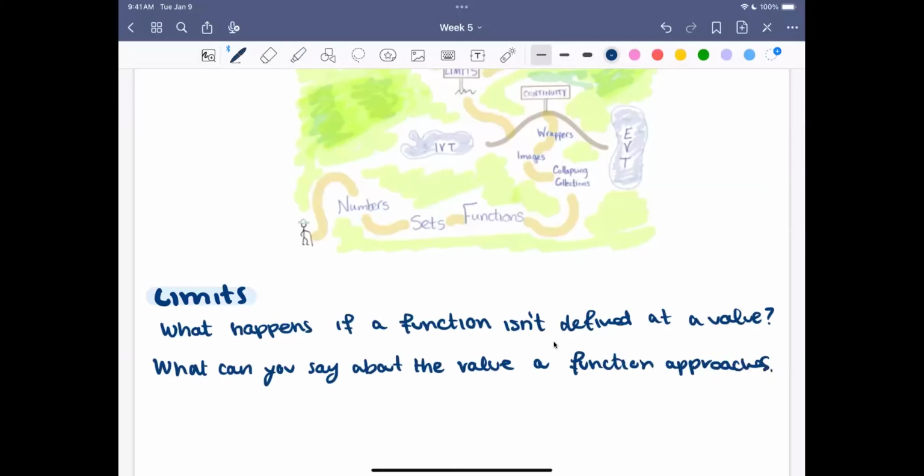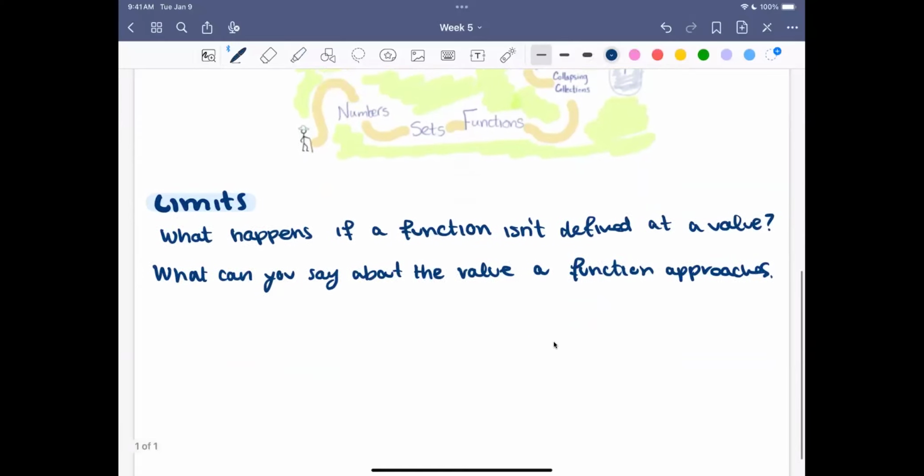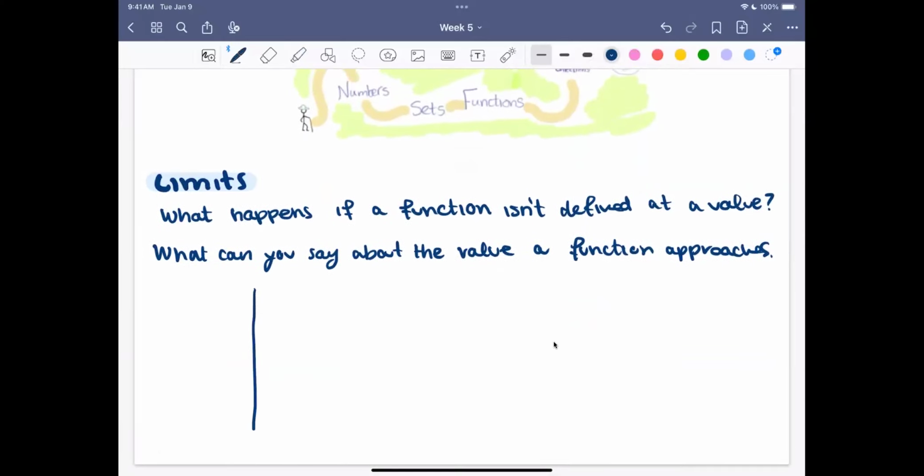So we're going to quantify that today. The idea is, if you draw the graph of a function and it has some kind of hole in the graph, what can we say about the coordinates of the hole? What value would we need to stick in there to fill in that hole?